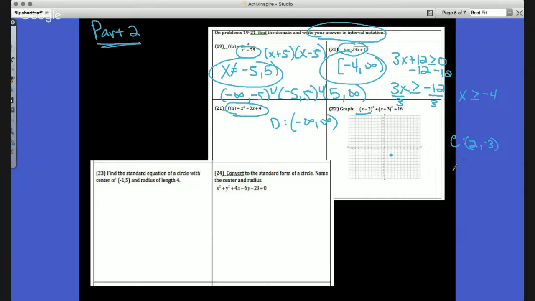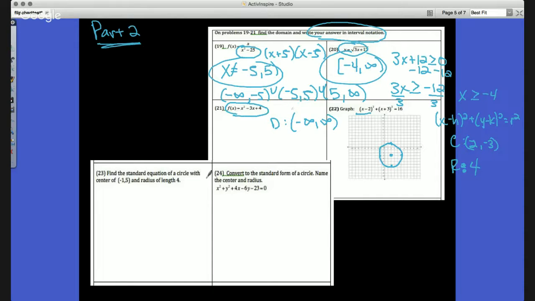Since I know my radius is not 16, the radius is the square root of 16, because remember, it's x minus h squared plus y minus k squared equals r squared. So because that r squared is there, we set this equal to r squared to where the radius would be 4. So we go up 4, right 4, and it might not be perfect because it's harder to see, but you get the idea: this circle should have a radius of 4 with the center at 2, -3.